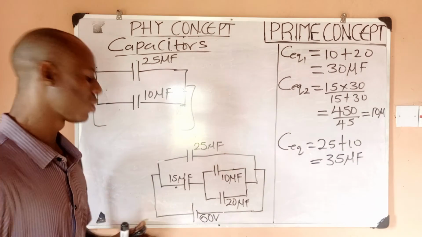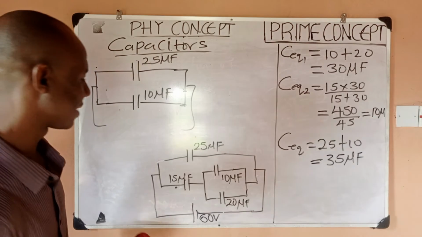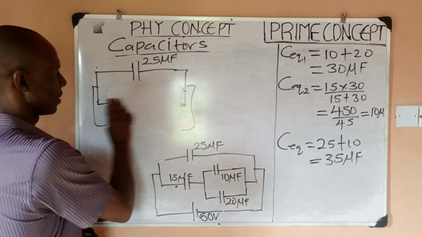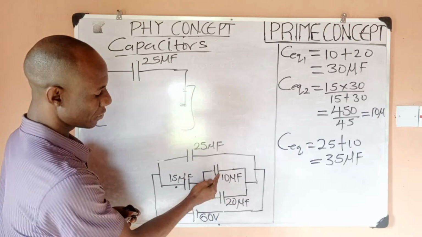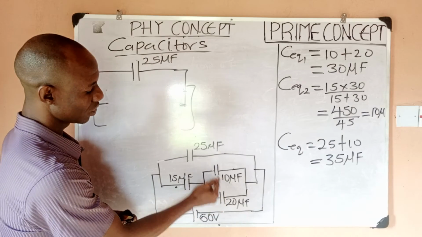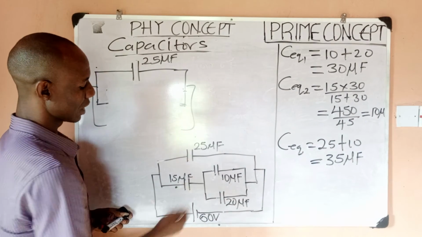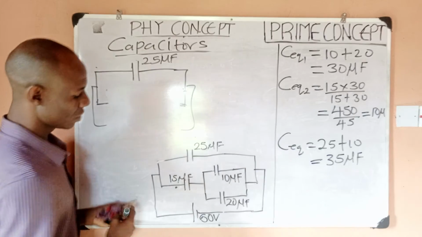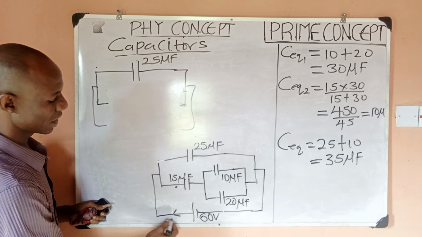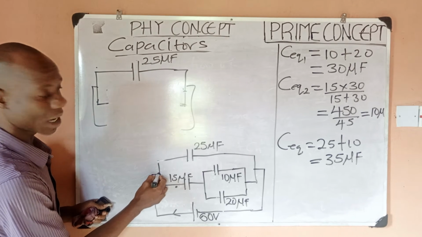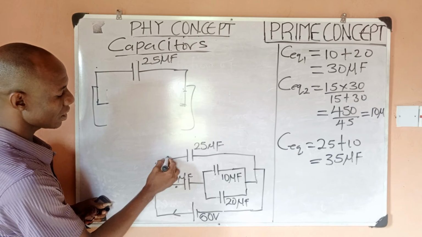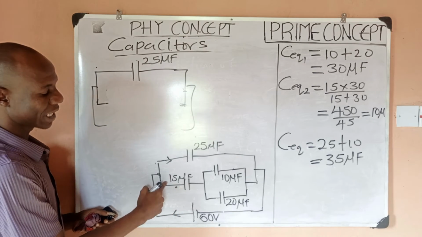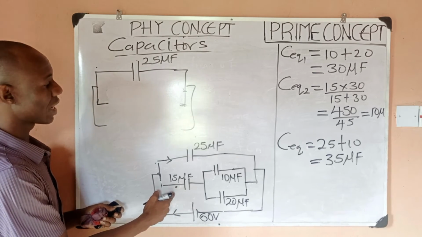So we are going to resolve these two capacitors as 1, and then we can calculate the charge flowing through, because the total charge coming from here, when it gets to this point, will split. Part of it will come here, and part of it will come through this place. So the charge that flows through this place is what we actually want to get.